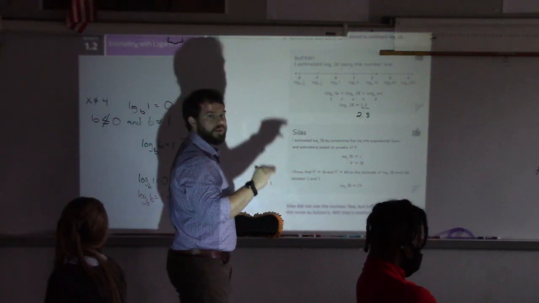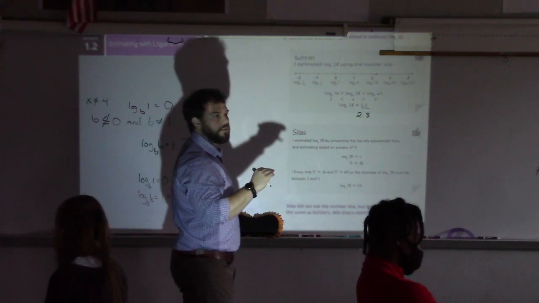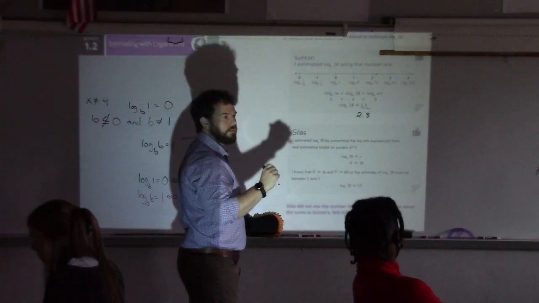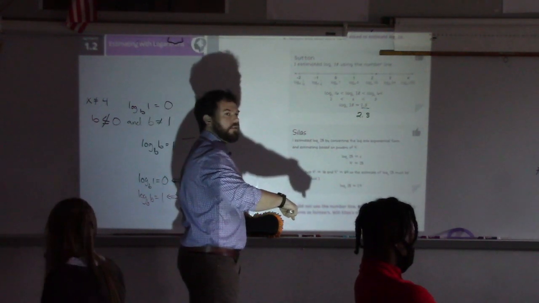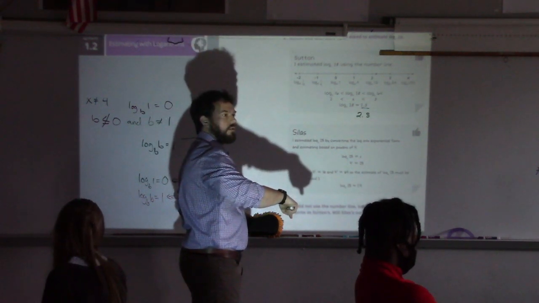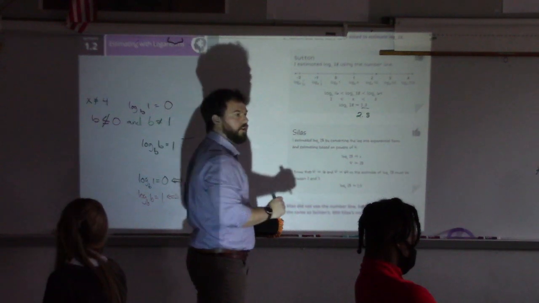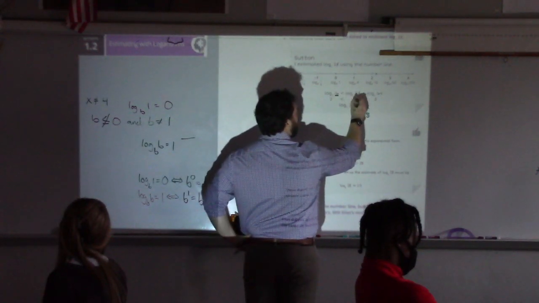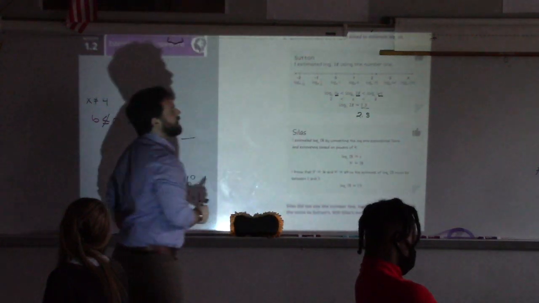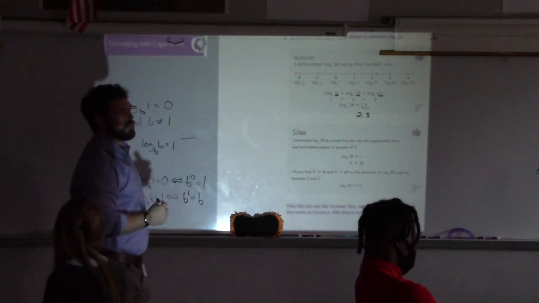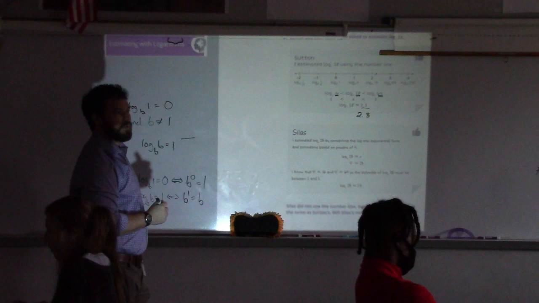Y'all are skipping an important detail here. We're looking for a what? An exponent that goes on the base to get the argument. Look at the arguments. Why would you go with 2.3 as the exponent instead of a 2.8 as the exponent? How though?